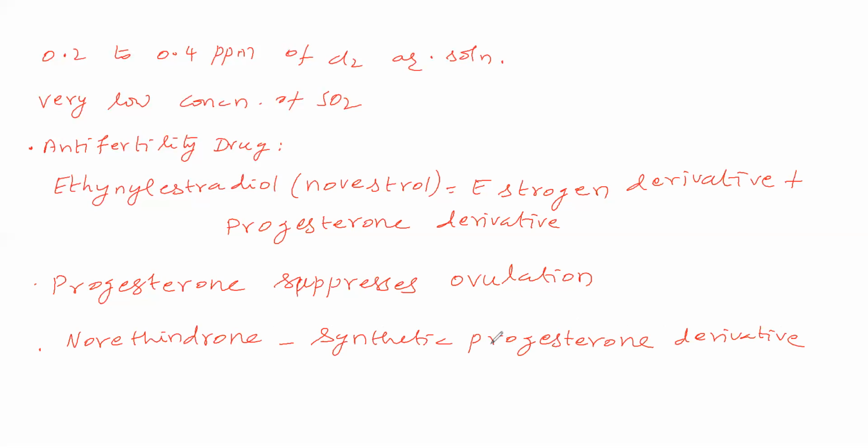Progesterone suppresses ovulation. Okay, so we have seen about antifertility drugs. The antifertility drug is this is one drug and this is one drug.